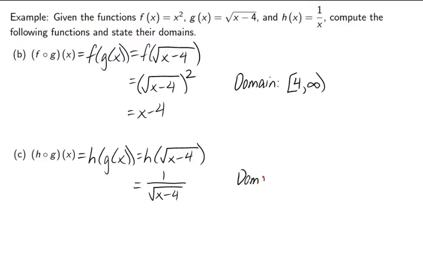And so for the domain, g of x was undefined when x was less than 4 like we had before. But this time x also cannot equal 4 because if it did, we would get a 0 in the denominator. So it's going to be 4 to infinity for the domain. Again, if the domains are a little tricky, don't panic, it's okay.